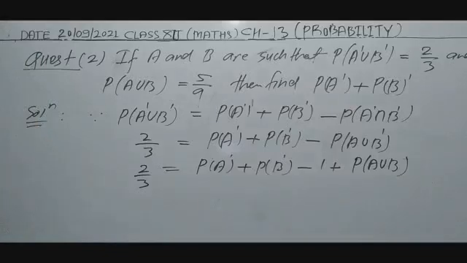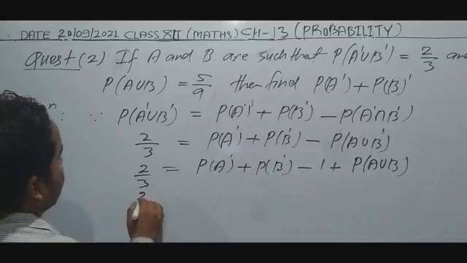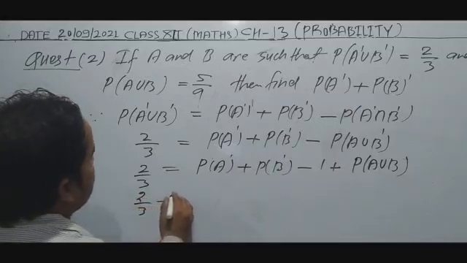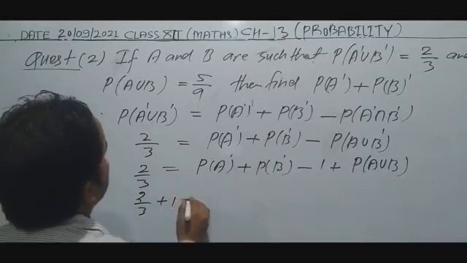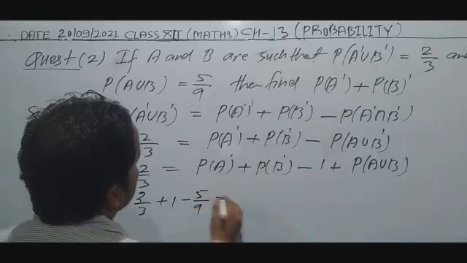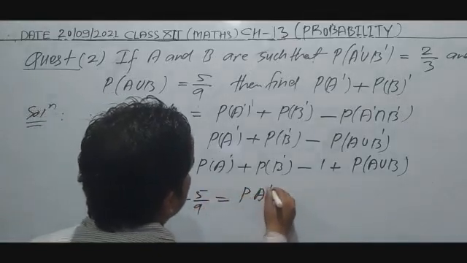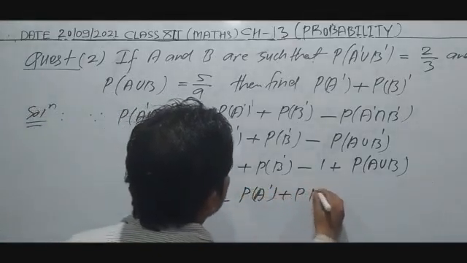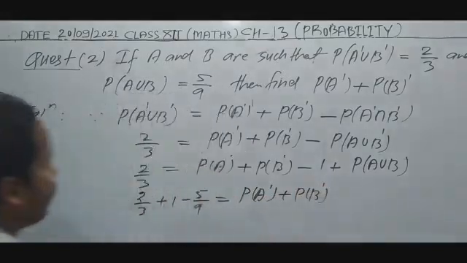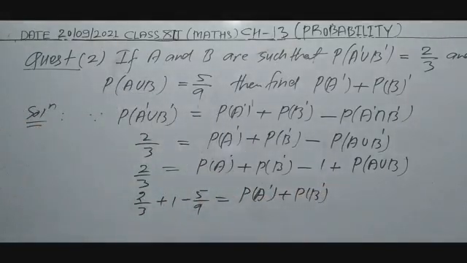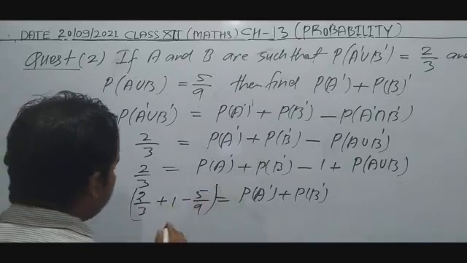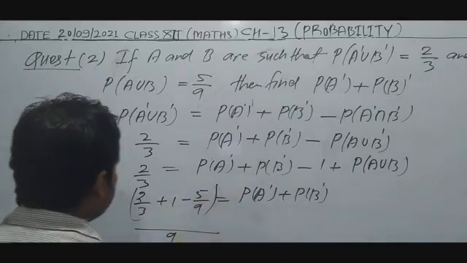And you know it is given probability of A union B is 5 by 9. So the result will be 2 by 3 plus 1 minus 5 by 9, which is probability of A complement plus probability of B complement. Now when you take LCM, 9 is the LCM.